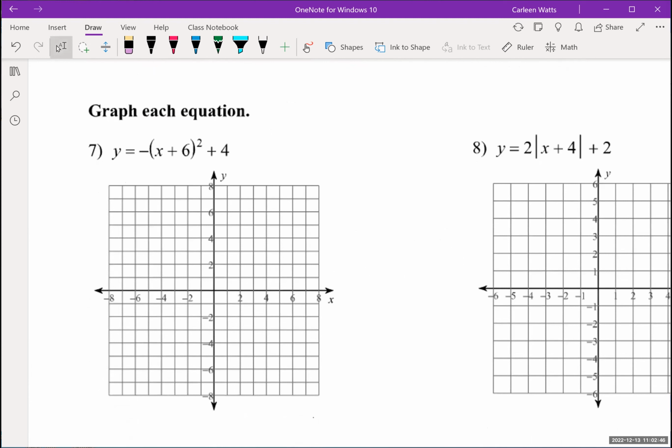Number 7, we are actually going to do, because we're still struggling a little bit. Step 1, what is the parent graph for an exponent of 2 with a negative in front? Exponent of 2 with a negative in front is going to look like what?